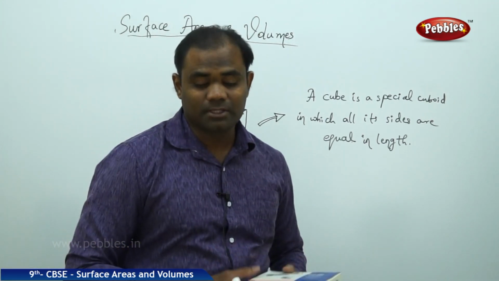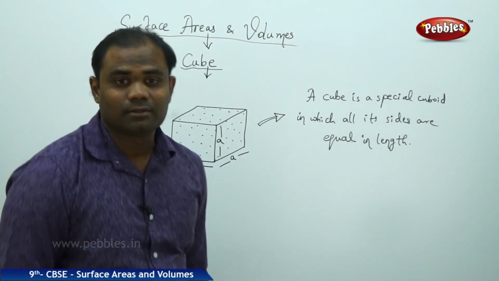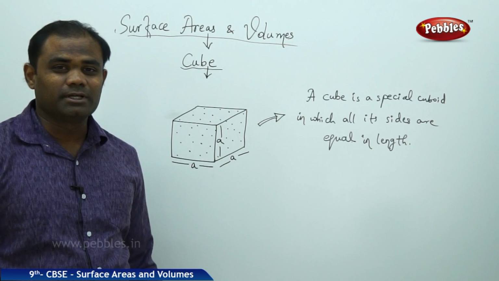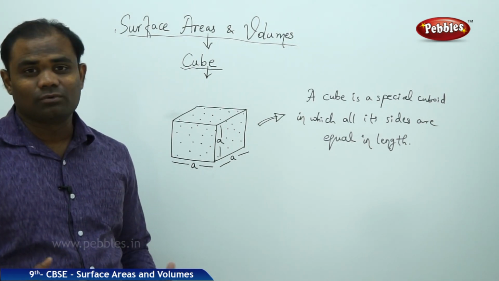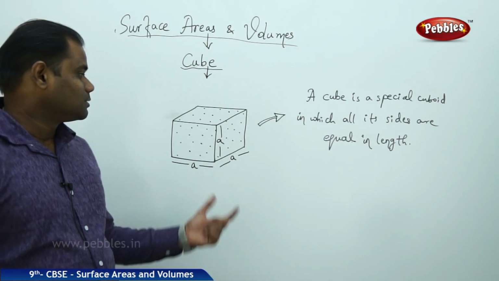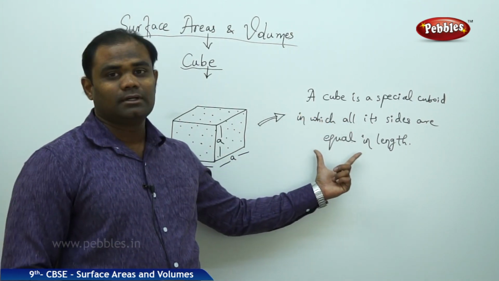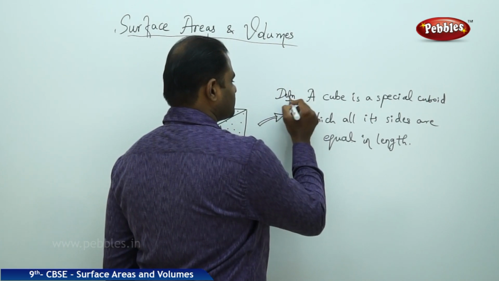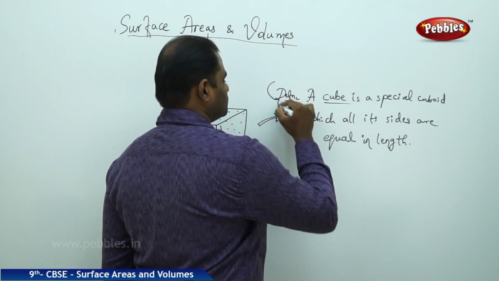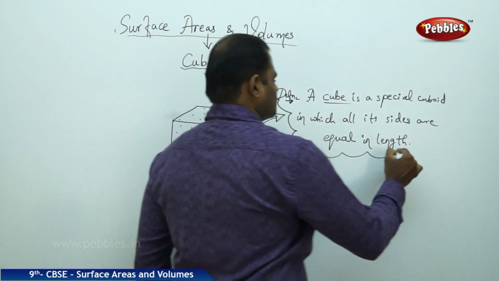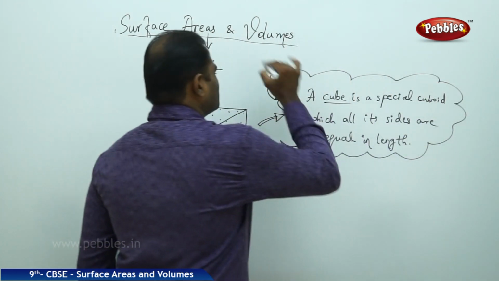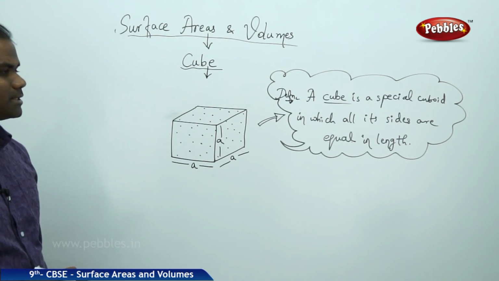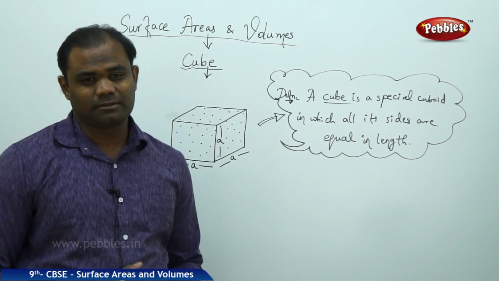Only then we call the given cuboid a cube. A Rubik's cube is one example. We all know what a Rubik's cube is. So such a solid figure is given the name cube. A cube is a special cuboid in which all its sides are equal in length.